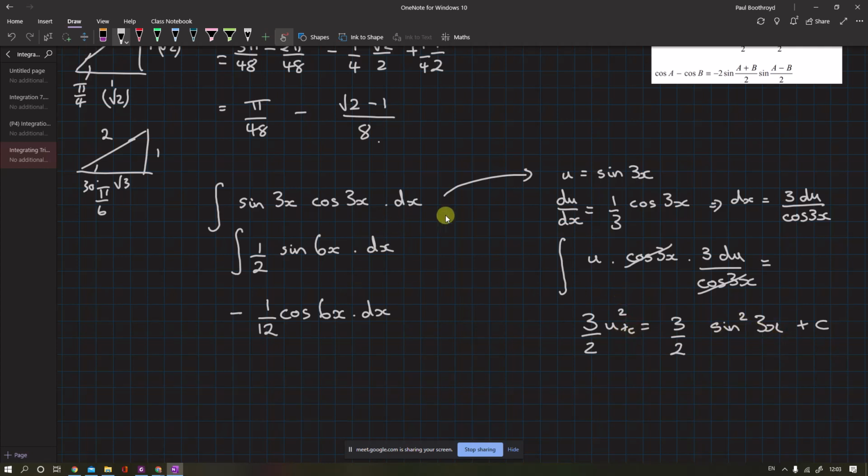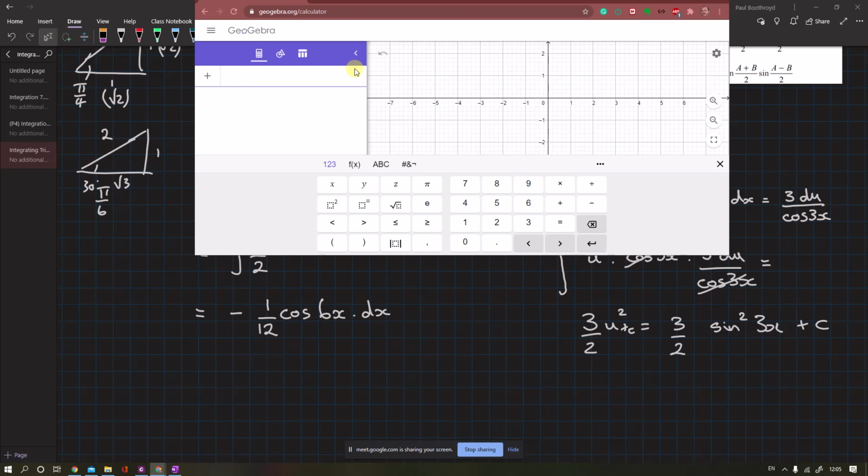They look like completely different answers. I'll pull up GeoGebra and we'll check the graphs. So let's put in their first one, which is minus 1 over 12 times cos of 6x, and it's working in radians.